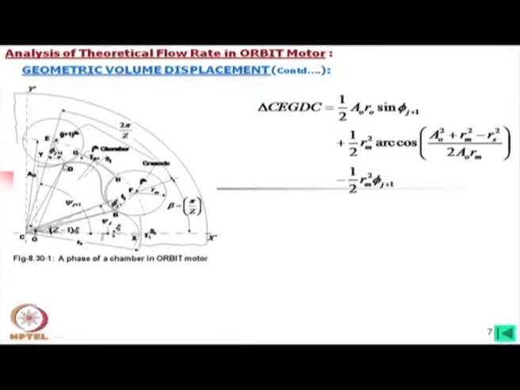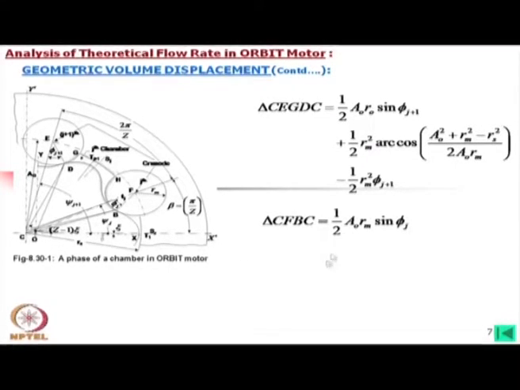So, we are getting the area of this triangle, this one, then plus half R m square into cos inverse of this angle, that we are getting perhaps this area. We are getting this area and then minus this. So, we are ultimately getting this area here.